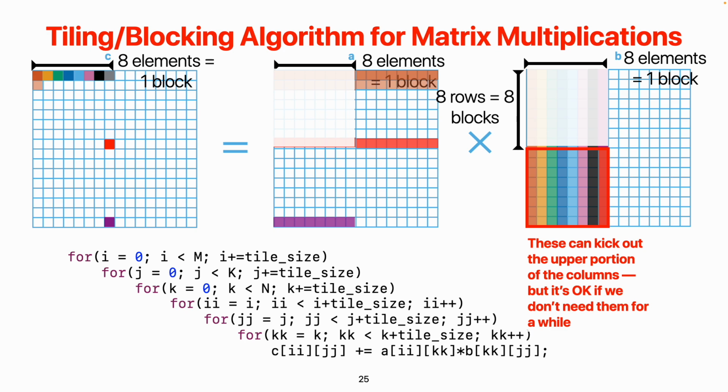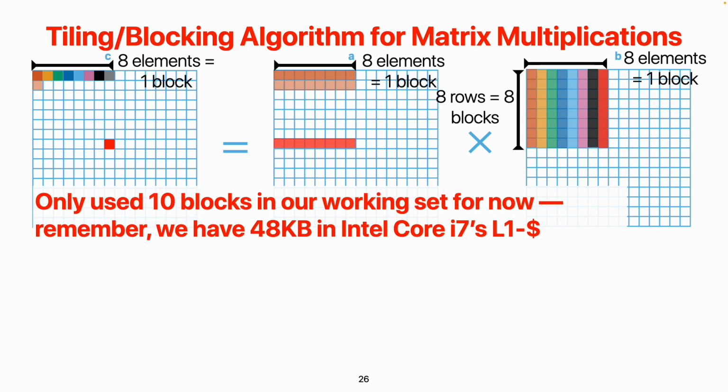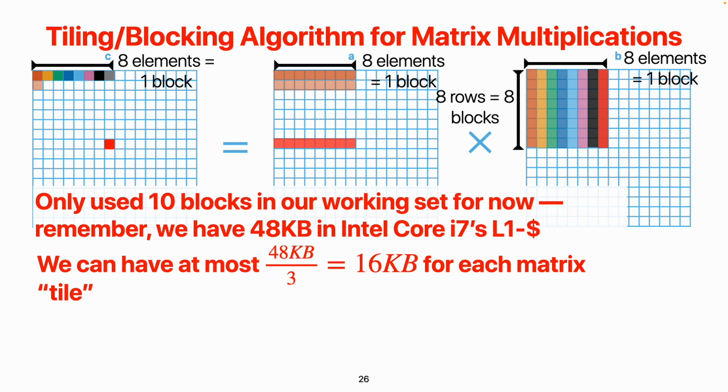So now, given we know this is the implementation, the criteria for this to work well is that, first of all, we have to make sure each tile fits in a cache. And if we have 48 kilobytes of storage, we can pretty safely assume that we should reserve 16 kilobytes for each of the tiles, because we have C tile, A tile, and B tile.